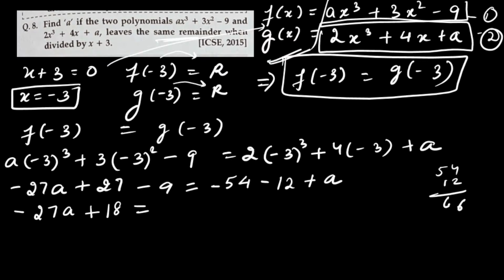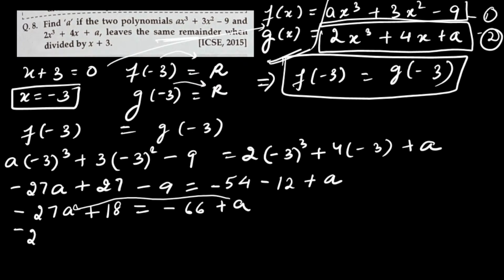So this is minus 66, plus a. So let us shift a to this side. Minus 27a is already there. Then this positive a, when we shift to the other side, will become negative a. So minus 66 plus 18 will shift to the other side, so it will become minus 18. A is equal to 3, Avni has given the answer.